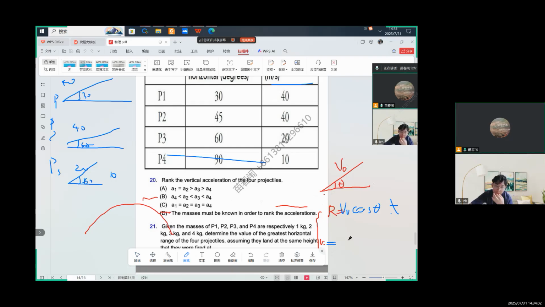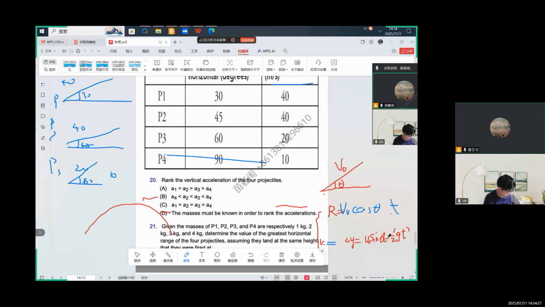So delta y is always 0, right? So delta y equals 0 and equals v0y, which is v0 times sine theta, minus 1/2 g t squared.